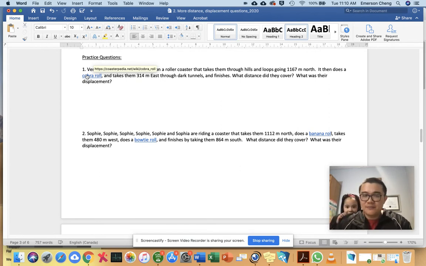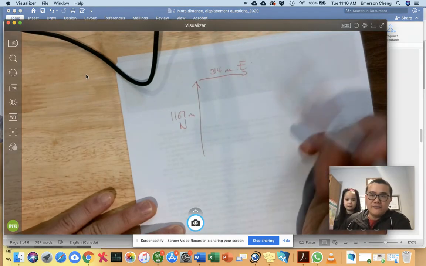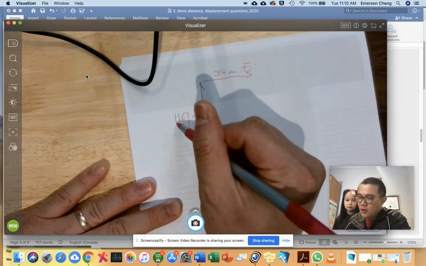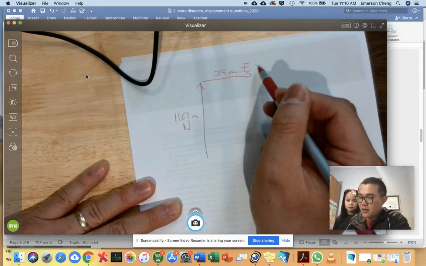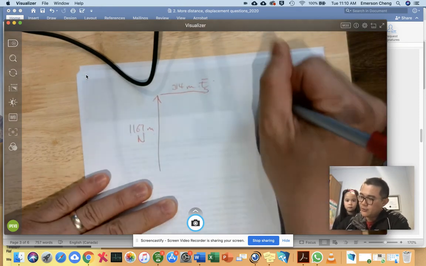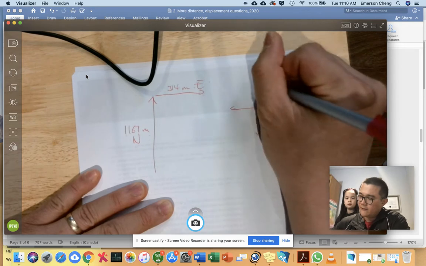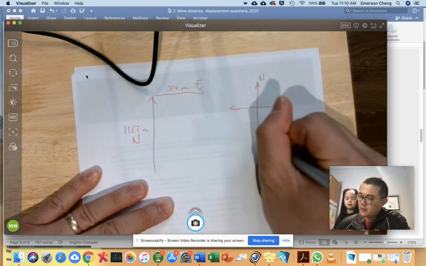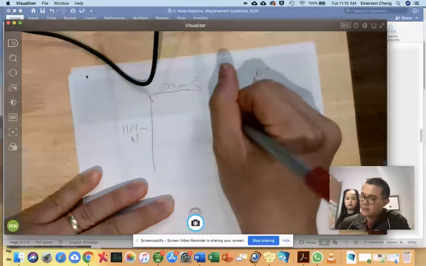But anyways, coming back. Just reading the question itself, I can see it's 1,167 meters north, 314 meters east. I'm using this method of north, east, south, west as plus, plus, minus, minus.